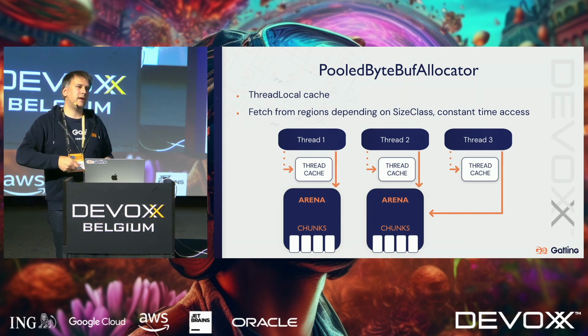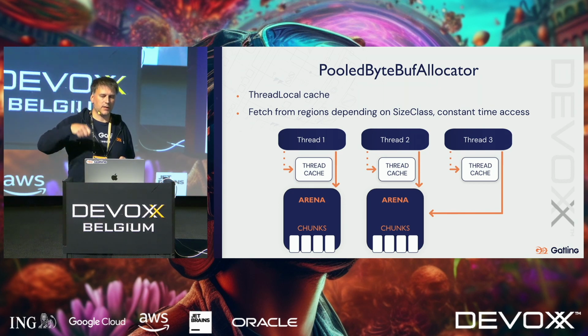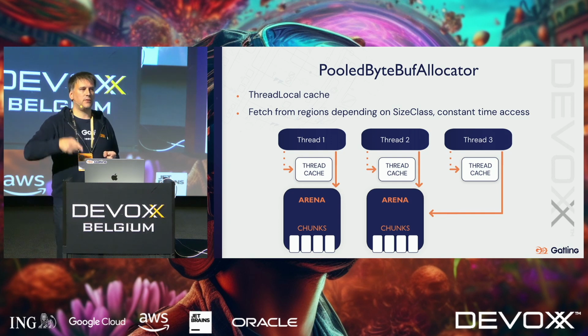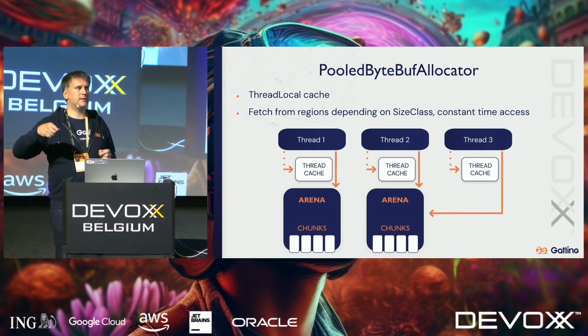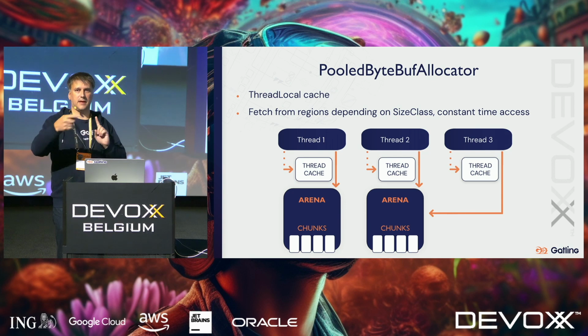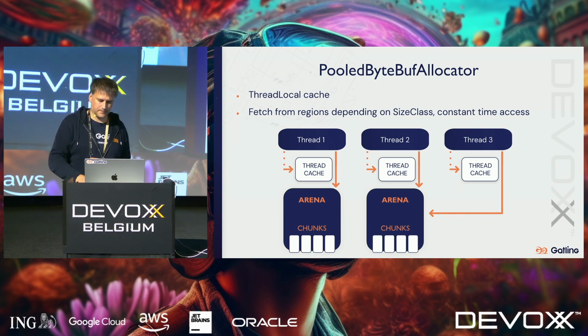So when you want to allocate a given length of memory, the algorithm will know which size class this length belongs to, and will know where to look from in constant time.